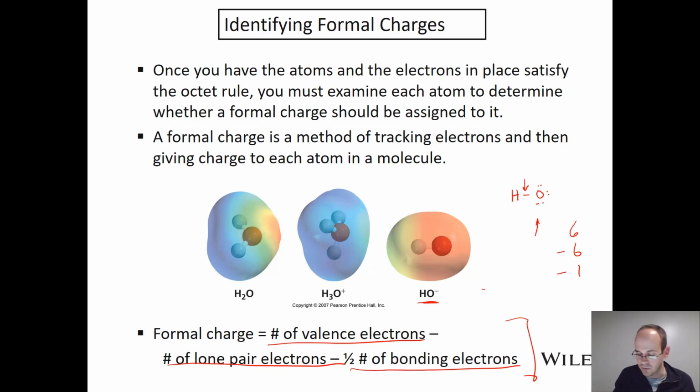And that gets us to a total of minus 1, and that means that the total charge on the oxygen is minus 1. Now, I've got a few examples of this, but keep this equation in mind. Number of valence electrons minus number of lone pair electrons minus 1/2 of the number of bonding electrons.